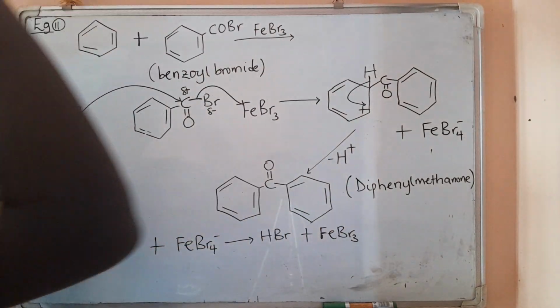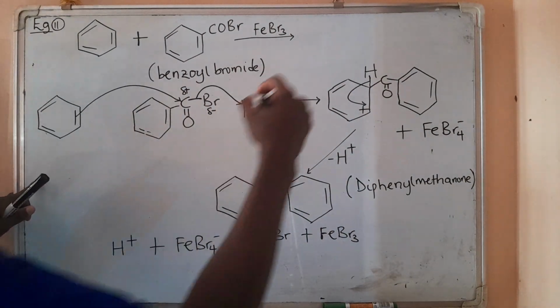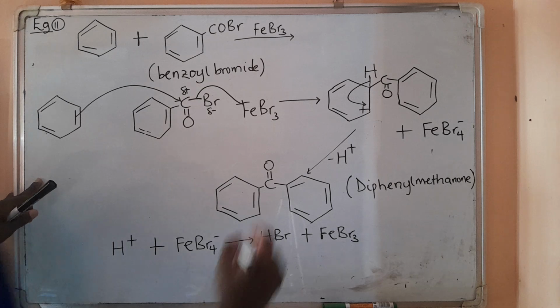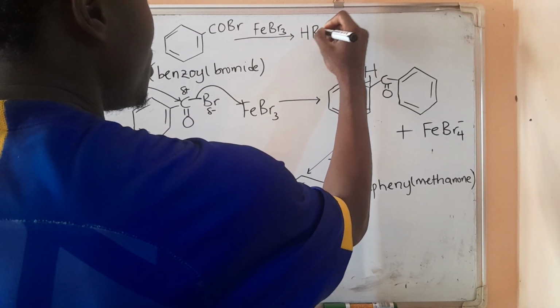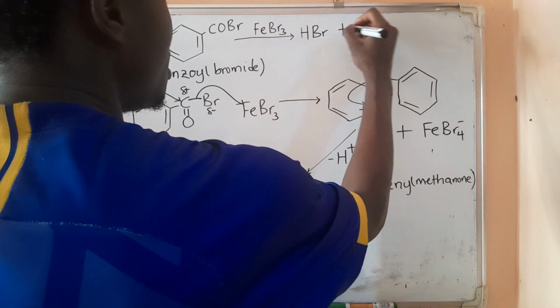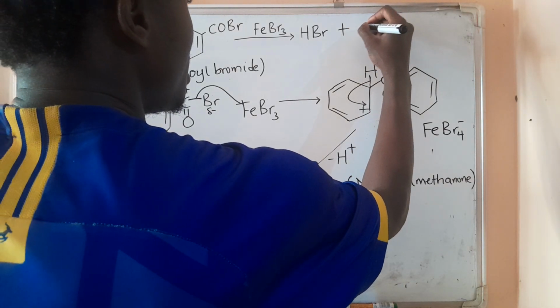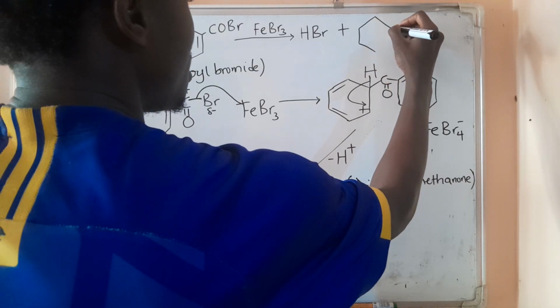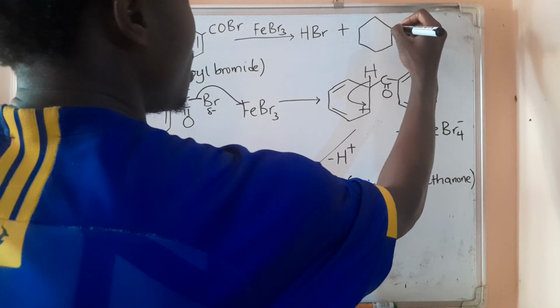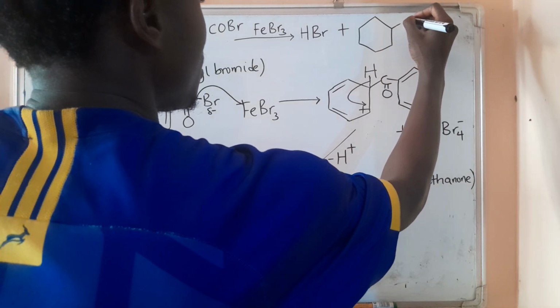Then do not always forget to complete. I don't know whether this space will be enough, but I want to complete the reaction. We have formed hydrogen bromide, then plus diphenyl methanone, which is of this form.